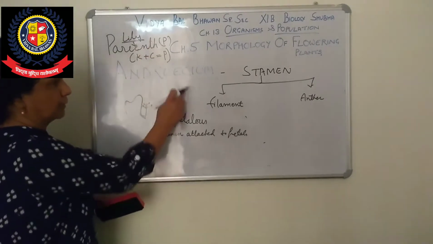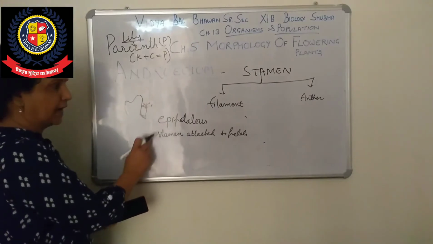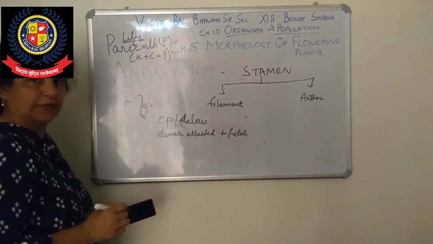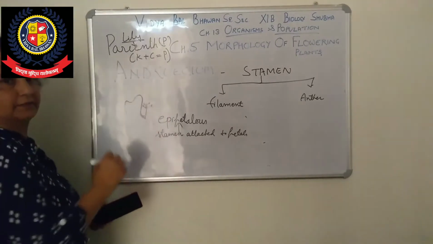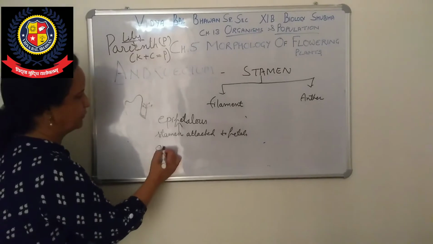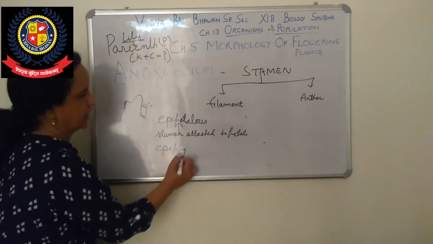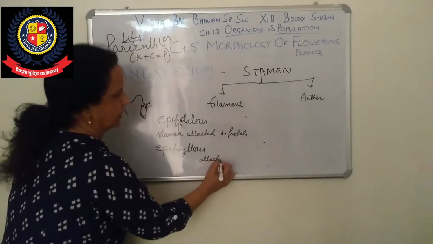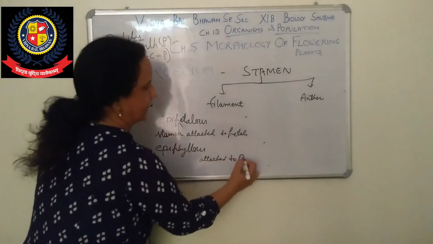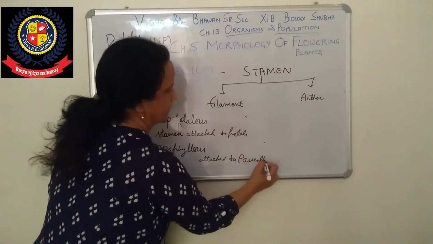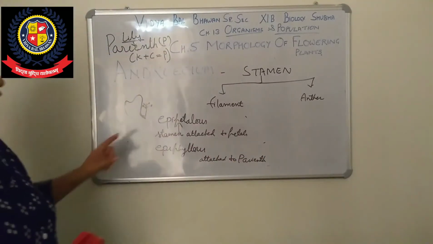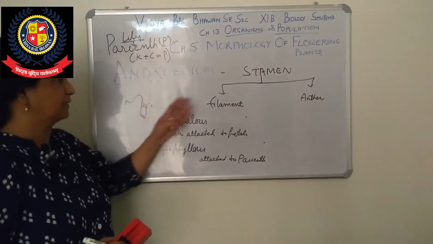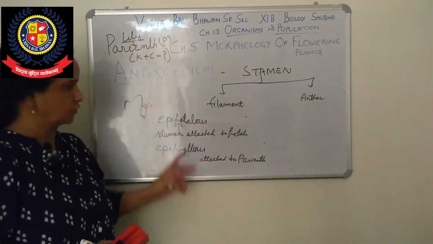Now coming to the stamen: when the stamen is attached to petals, it is called epipetalous. When attached to the perianth, as in the lily flower, it is called epiphyllous.